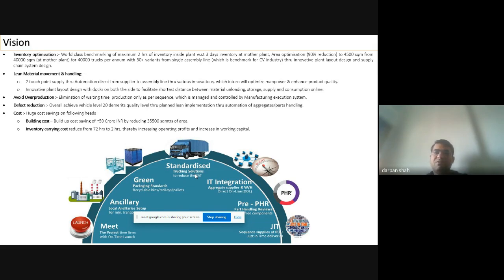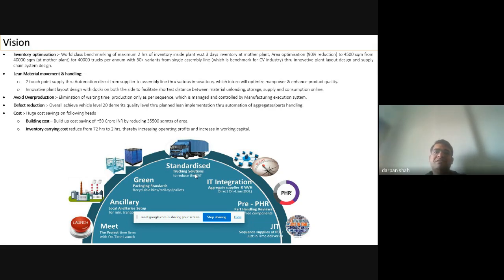Basically we have targeted here 2 hours of inventory instead of 3 days. So this is basically the past norm. Normally we needed to keep 3 days, 7 days of inventory, so as to have clear visibility on the production plan of manufacturing or assembling a particular vehicle.